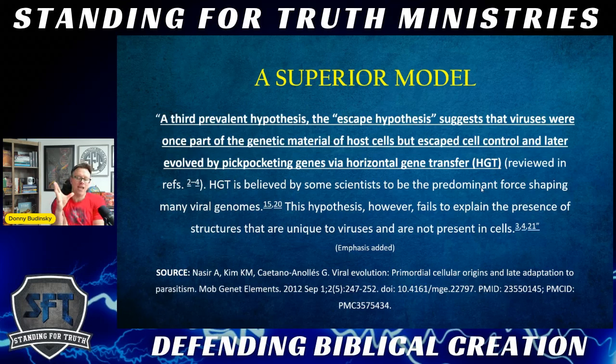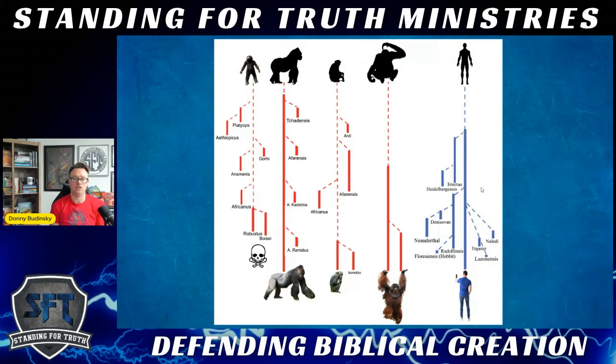This had to have been the case. And this makes most sense from the biblical creation starting point. But they escaped cell control and later evolved by pickpocketing genes. So let's say taking an envelope protein, and now it's a full-fledged retrovirus. Again, this is truly amazing information here.